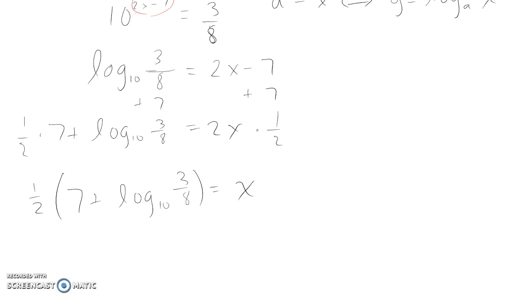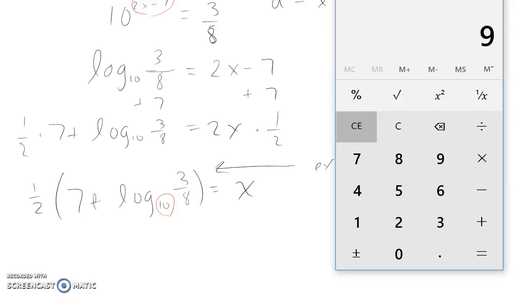Now this is the exact answer, meaning it's not an approximation, but do you remember how I said that we can evaluate logs of base 10 in the calculator? Well, let's do that. I'm going to pause this so I can pull up a calculator and then I'll start it again.